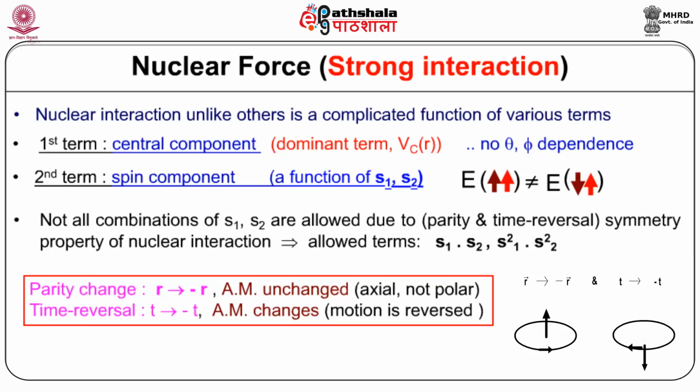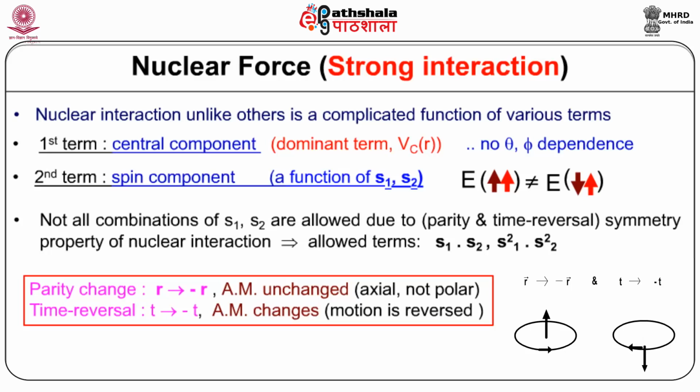The second term is the spin component. Spin component means the nuclear force also depends upon the spin of the nucleons, so it is a function of S1 and S2. We can conclude this from our observation that the energy for a neutron and proton with parallel spin is not equal to the energy with antiparallel spin.